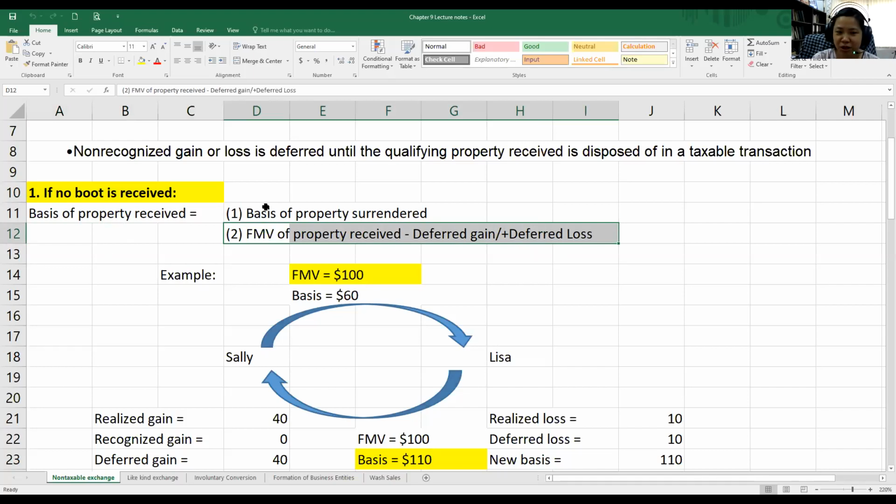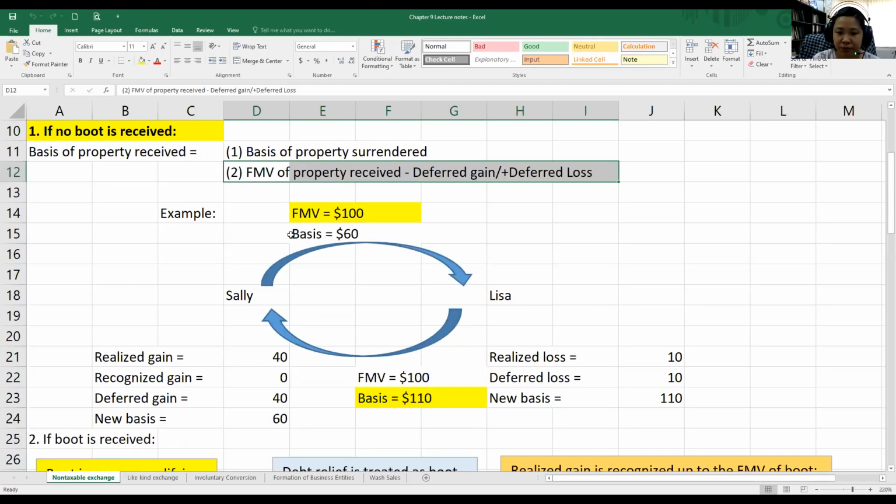So two formulas to find the basis of property received.